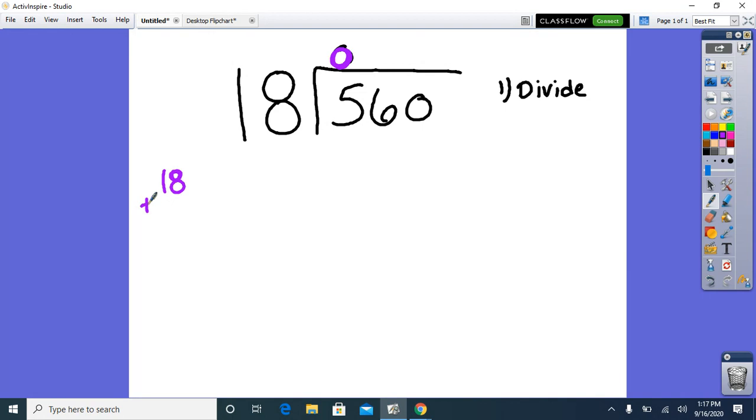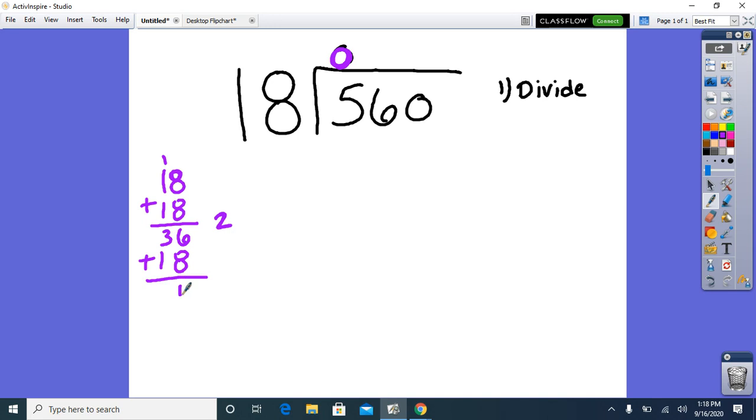So if I do 18 plus 18, 8 plus 8 is 16, so 36. Okay, so I'm not over it yet. So this was twice, right? We did 18 twice. Now I'm going to add another 18.